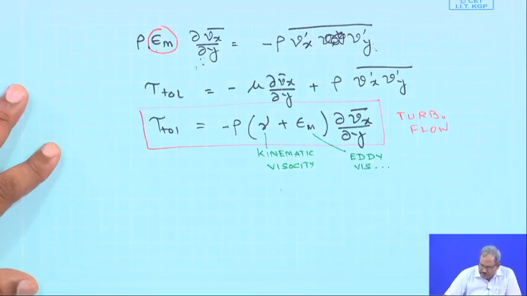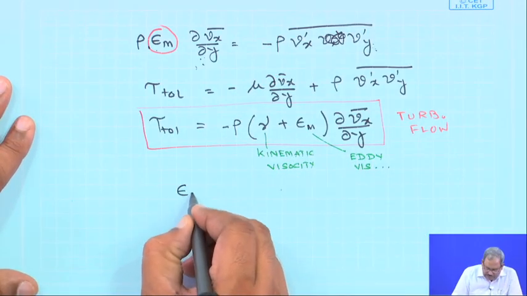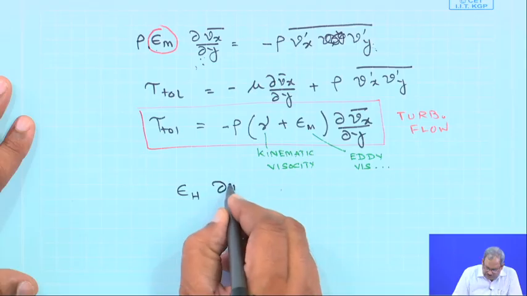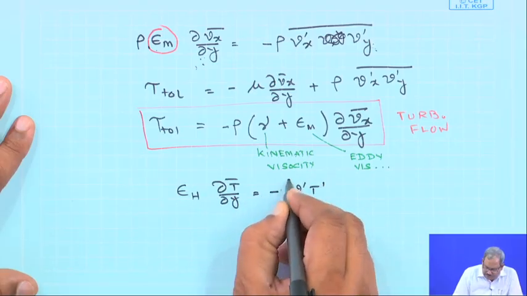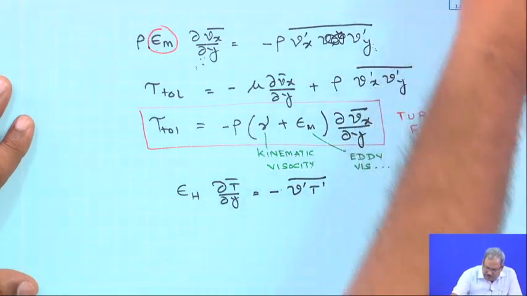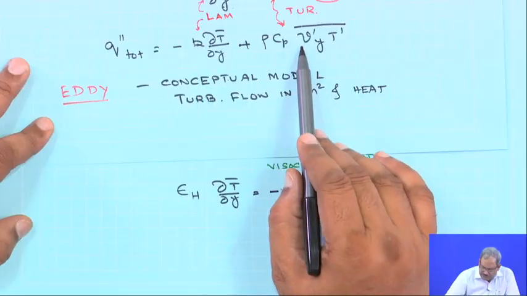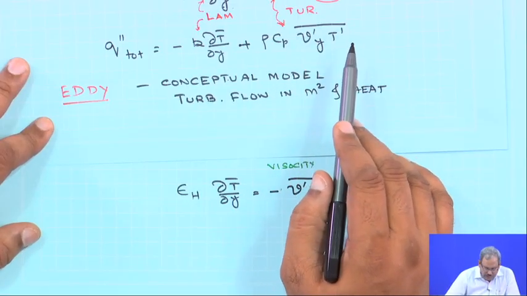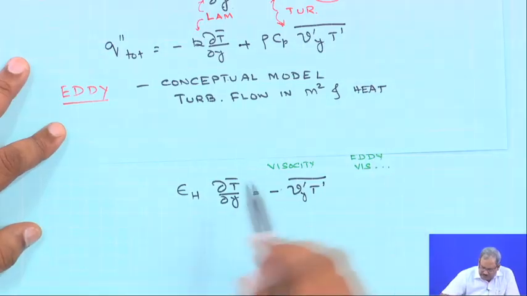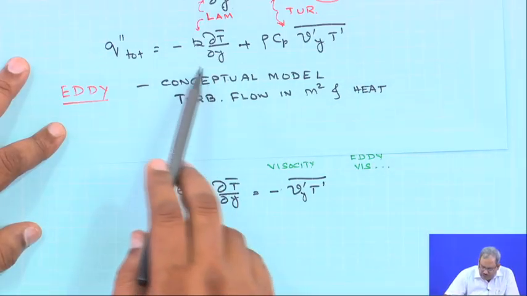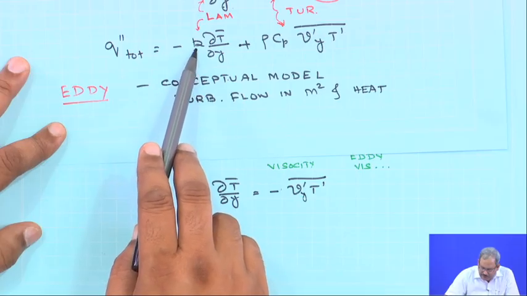The same way we have done it for momentum transfer, we can also do it in the case of heat transfer, where del T by del y is minus V prime T prime bar, the time smooth part of it. I am simply trying to replace this part, Vy prime T prime, by an equivalent form of Fourier's law of conduction in laminar flow, except I am replacing k.